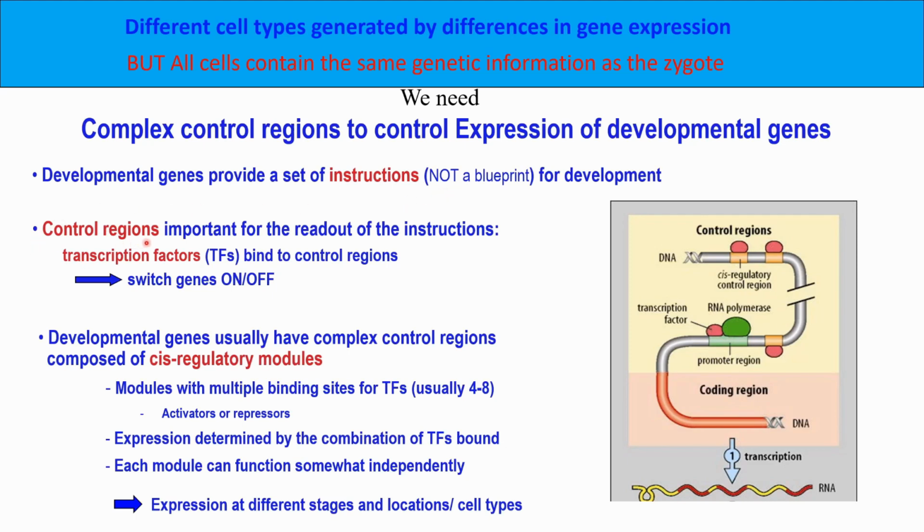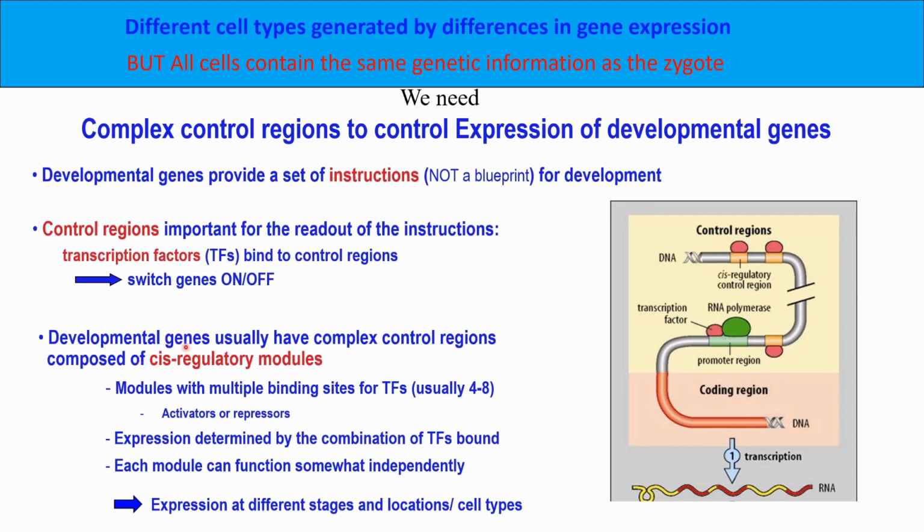So control regions are very important for the readout of instructions, and it's transcription factors that bind to control regions and switch the genes on and off. Developmental genes usually have complex control regions composed of cis regulatory modules.